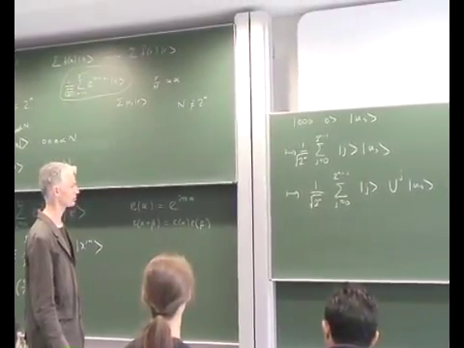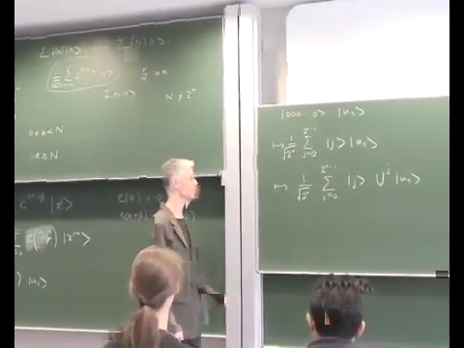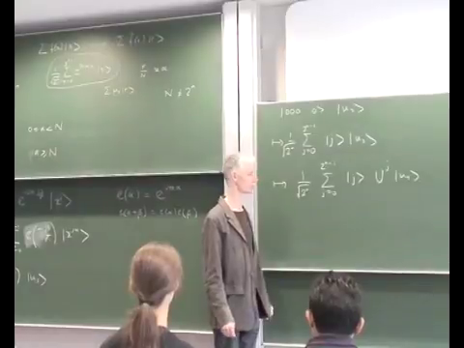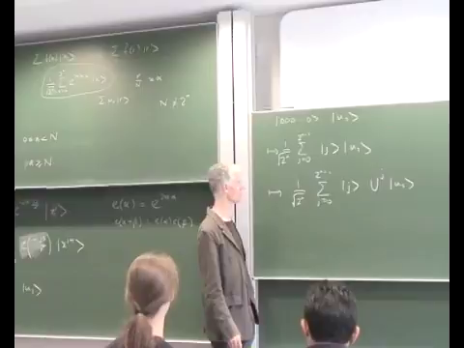Now, once we've done that, this is the kind of thing I may try to talk about slightly more next time. We're just breaking it up into very, very simple unitary maps, but I hope it's believable.